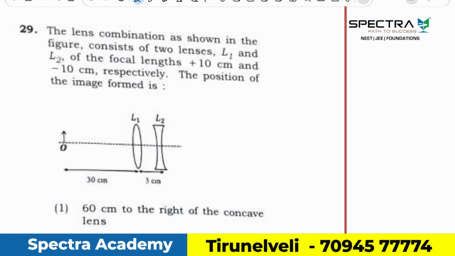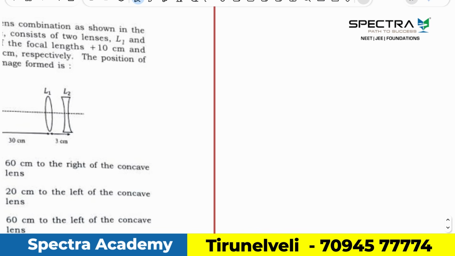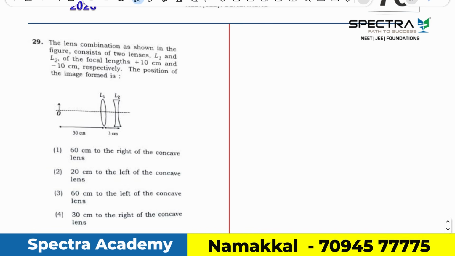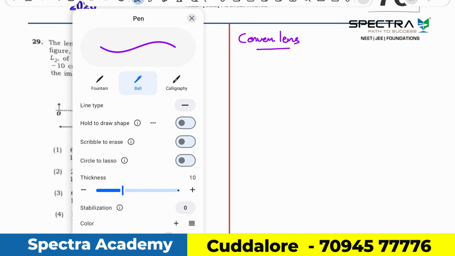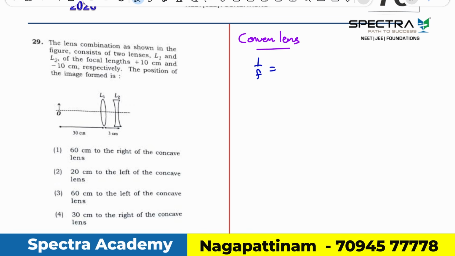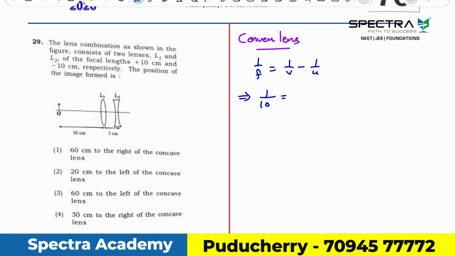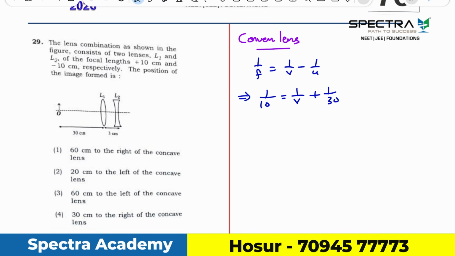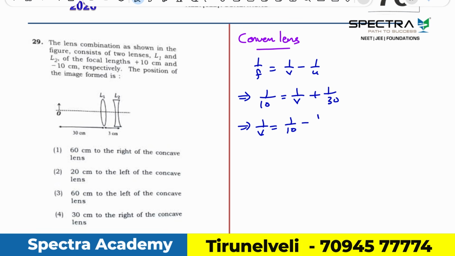Hope you understood this. So let's do it one by one. First of all, for the convex lens, I can apply the formula 1 by f is equal to 1 by v minus 1 by u. So 1 by 10 is equal to 1 by v, minus minus will become plus, applying sign convention. So 1 by v is equal to 1 by 10 minus 1 by 30, so that v is equal to 15 centimeters.